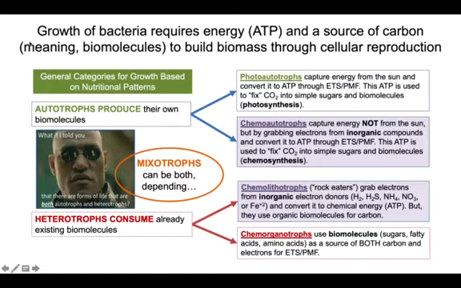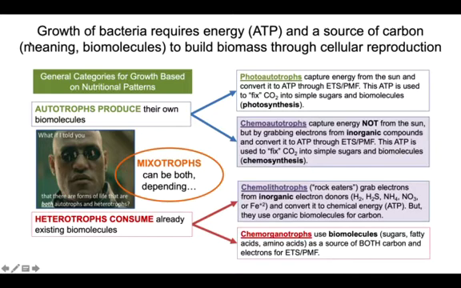But unlike the chemoautotrophs that can use that ATP to make food, these guys don't. They basically will still need organic stuff from the environment for their source of carbon.